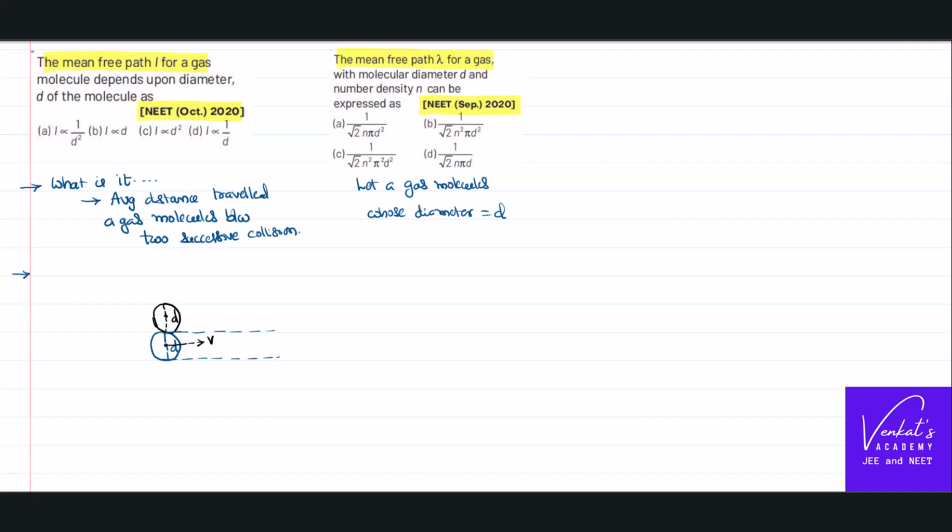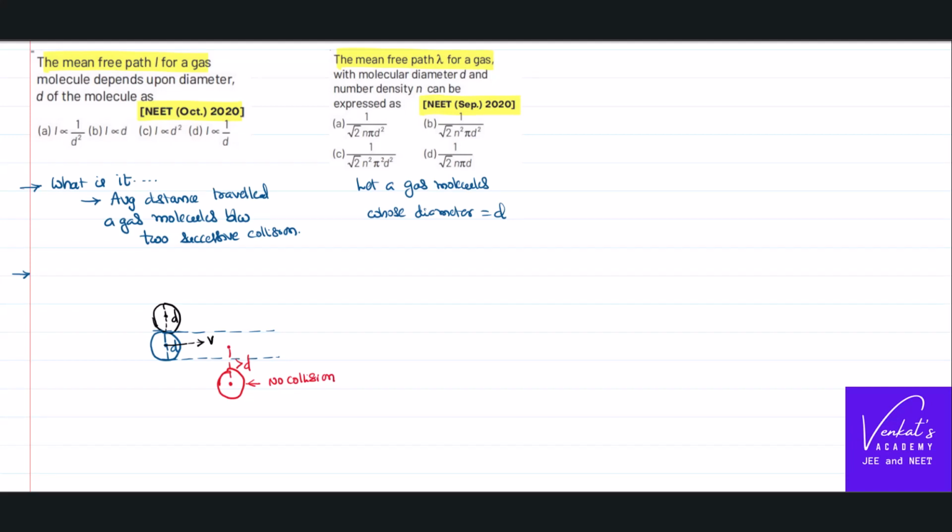This molecule that I have drawn in black color has come in touch with it, so we can assume that's a collision. But if you imagine another gas molecule somewhere here, the distance between this center and this center is greater than d. So there is no collision with this gas molecule that I have drawn in red color.